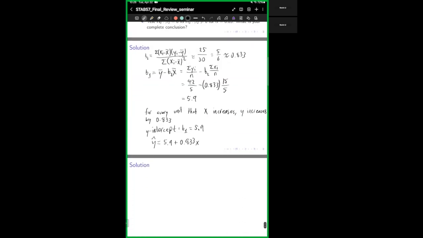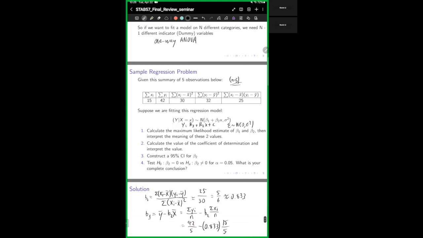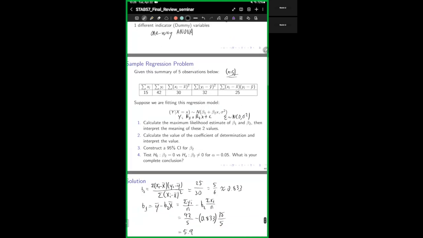If we remember, the formula for the coefficient of determination is r squared equal to regression sum of squares over total sum of squares. The total sum of squares is equal to the sum of yi minus y bar squared. This one, as we've seen above, is equal to 32.